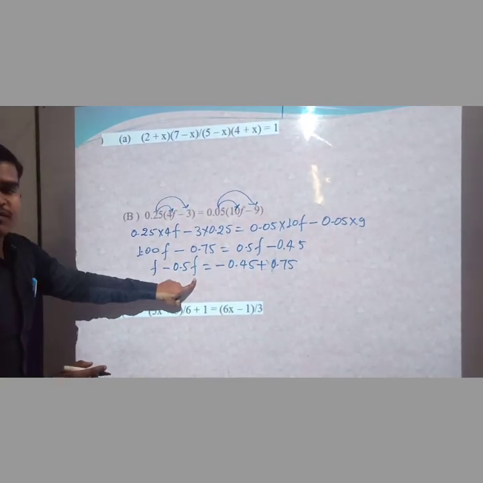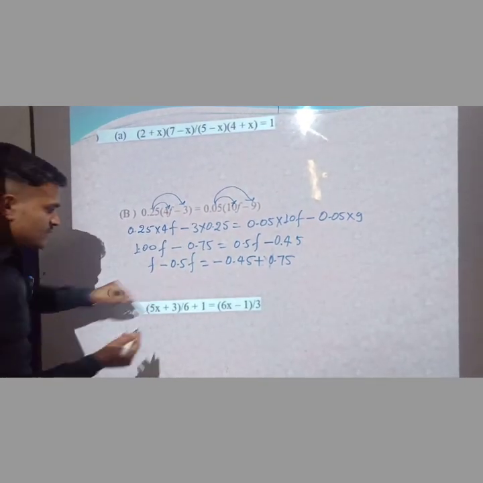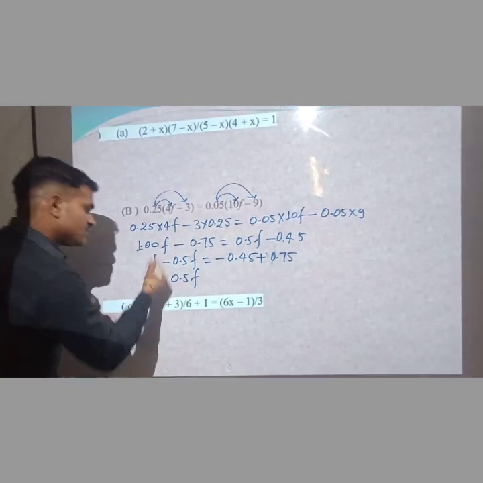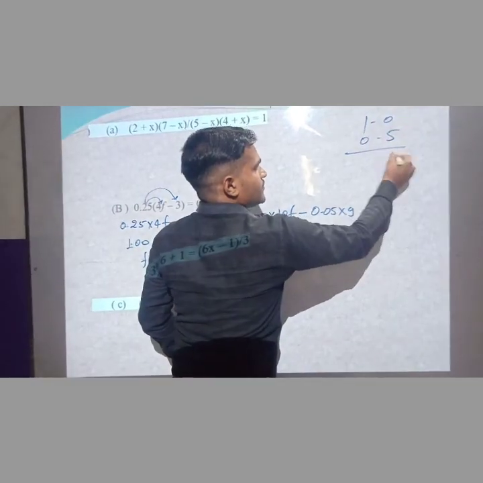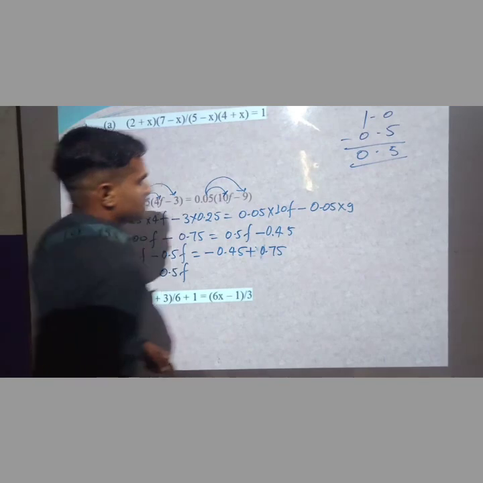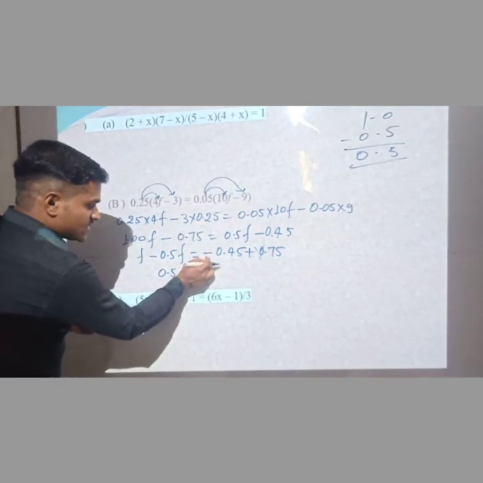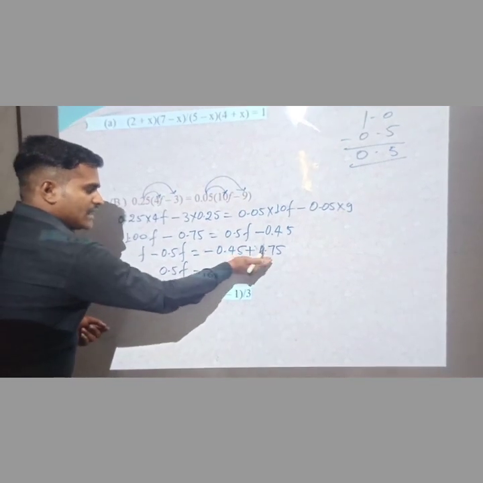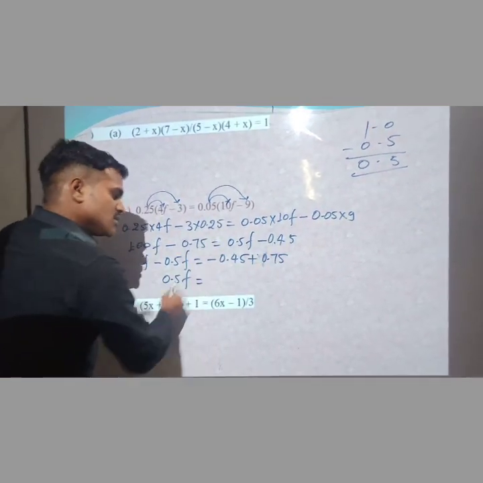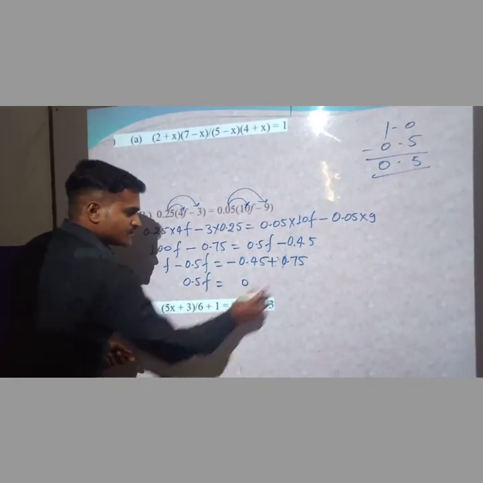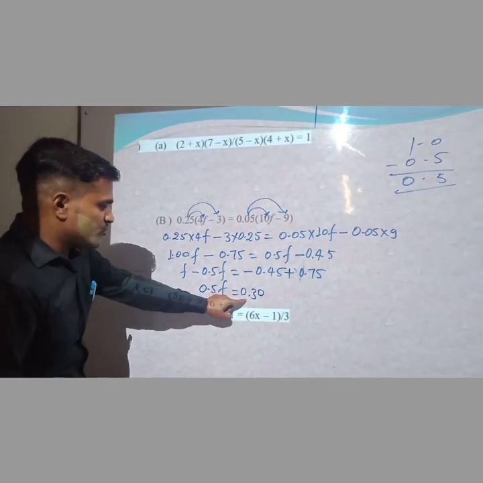So f minus 0.5f, f means 1f, so 1f minus 0.5f gives 0.5f. Then 0.5f is equal to minus 0.45 plus 0.75, so we subtract 0.45 from 0.75: 5 minus 5 is 0, 7 minus 4 is 3. So 0.5f is equal to 0.3.